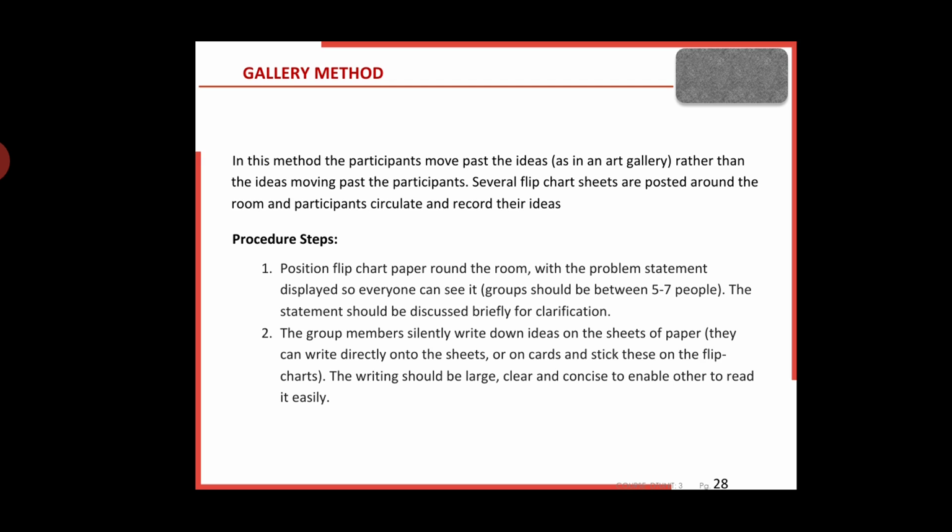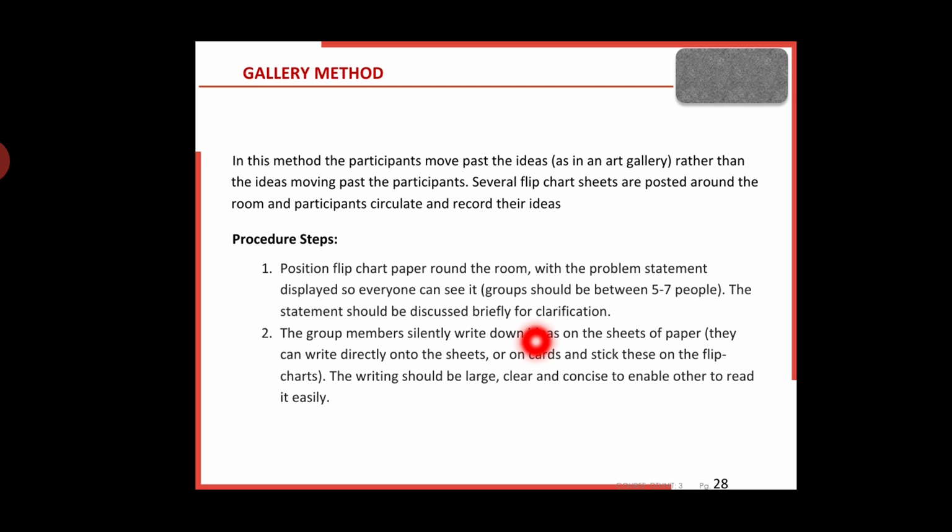Whatever they do, they keep it on record, as a photo, or as an image representation. Several flip chart sheets are posted around the room, and the participants circulate, develop creative ideas and record them. This is the main motto of our gallery method.